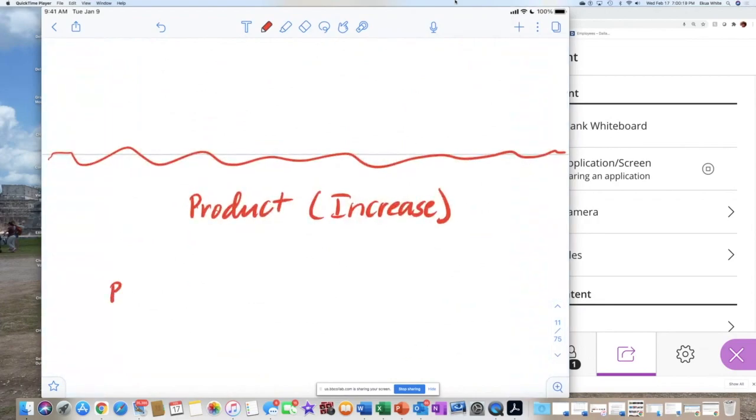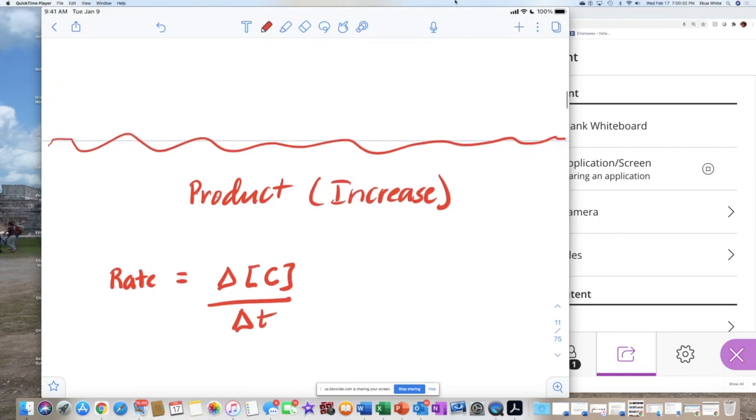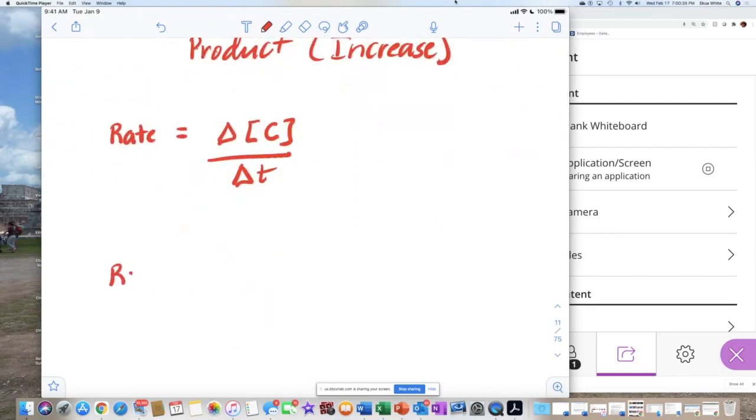We're going to say here, rate equal change in concentration of the product. The first one was what? C? C over change in what? T. Second product, rate equal change in concentration of D over change in T.